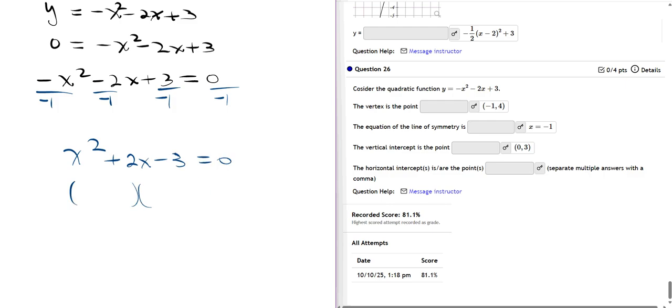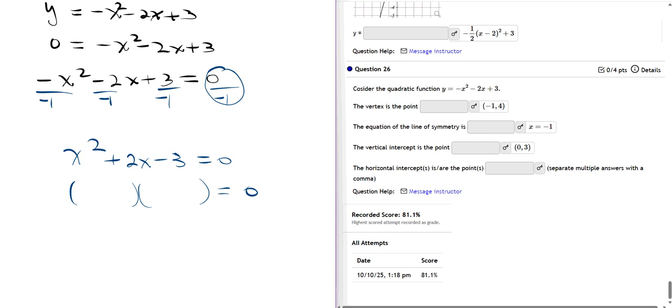Sometimes factoring is easier, but when you have a hanging negative and negative lead coefficient, it's not easy to factor. So I'm just changing the signs of each term, and I can do that because it's set equal to 0, and 0 divided by negative 1 is still 0.